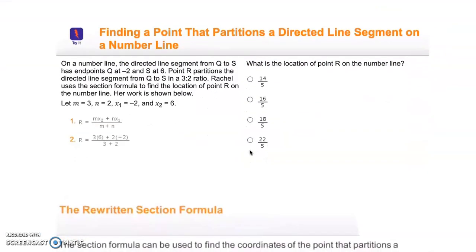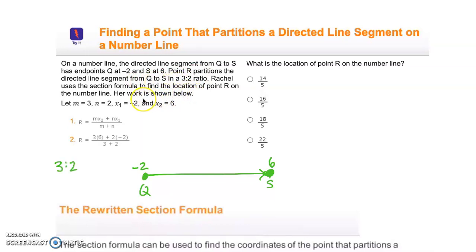Now let's look at a formula that they walked you through how to derive. There are a few things you need to know. If you have a segment from Q to S, here's Q, and we're going to S. We're told that Q is at -2 and S is at 6, and we want to partition it in a 3 to 2 ratio.